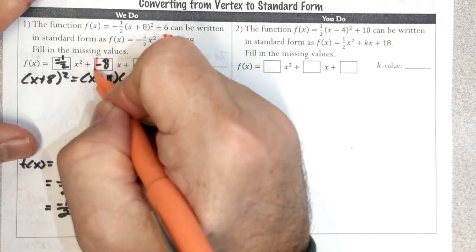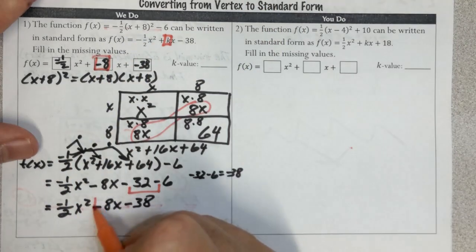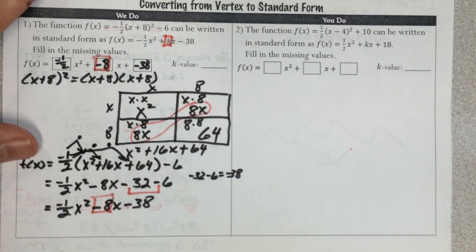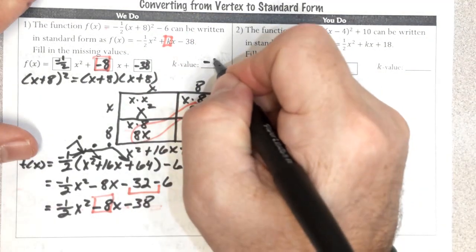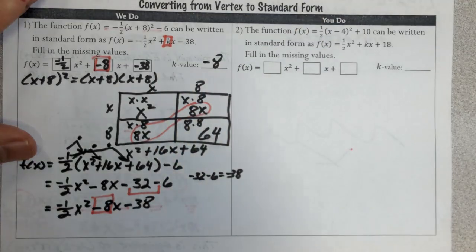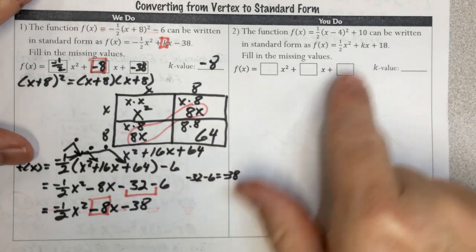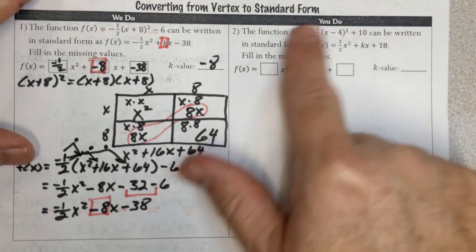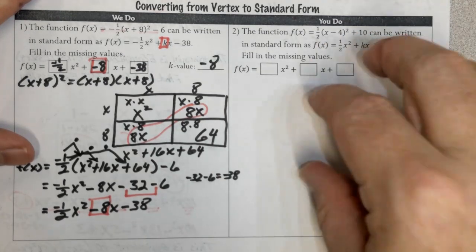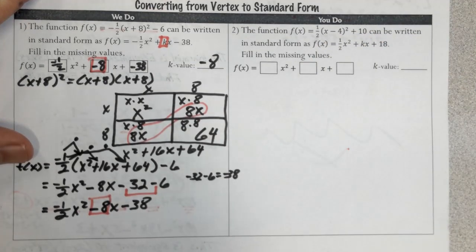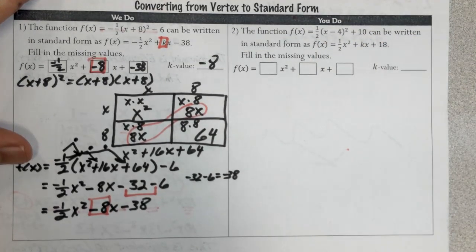And so we have negative 8, which is in front of our x. So we're going to put negative 8 right here. Now you can finish the video, and now you're going to complete this one and get a check mark from Mr. Adams. Thank you.